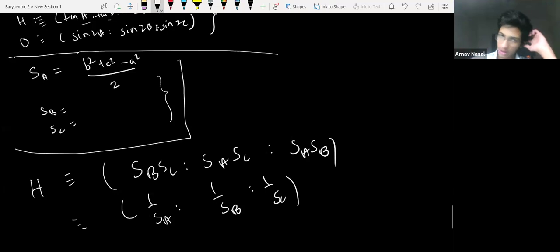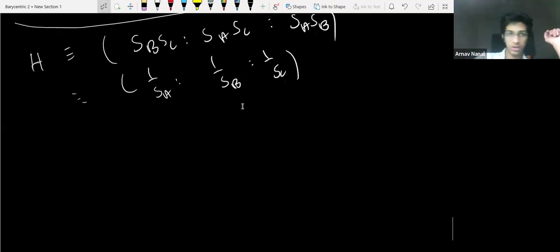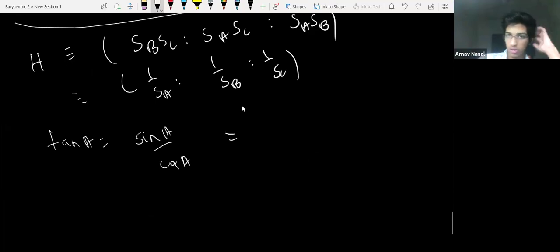Okay, so I'll just say this. This is basically cosine rule. You have tan A is equal to sin A by cos A. I'll just ignore the constants, like that 2R because it just gets everywhere, and we are only interested in the ratio.